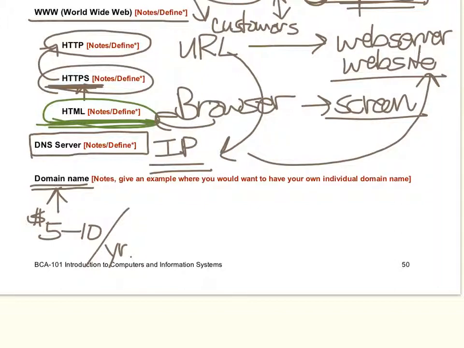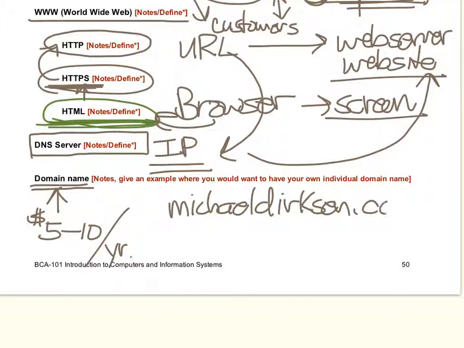For example, we did the demonstration earlier, but if you looked at the domain name michaeldirksen.com, that'll take you to a website that I manage. My provider that I got the domain name from is also providing the web space.